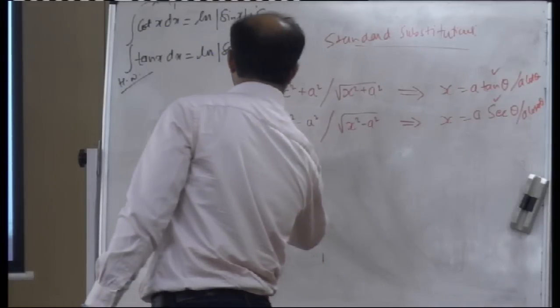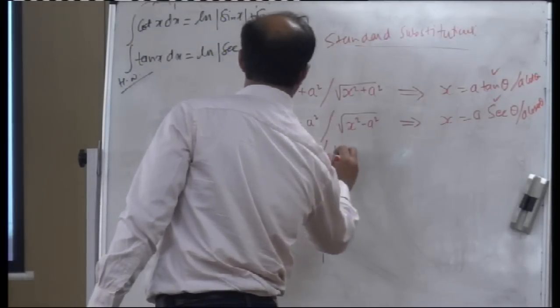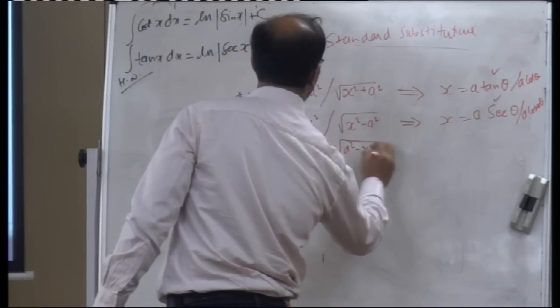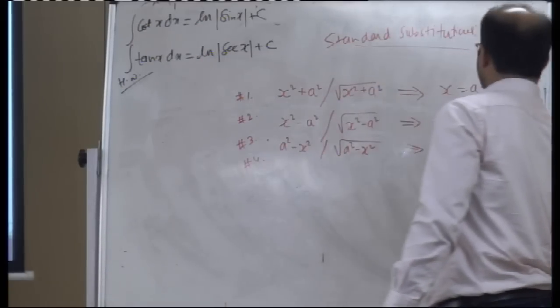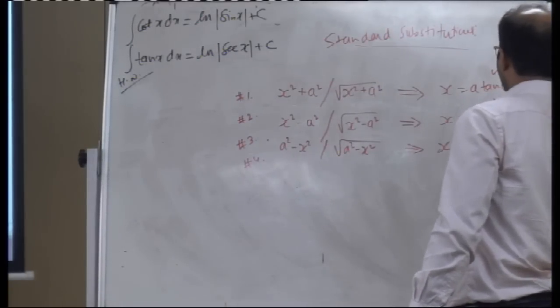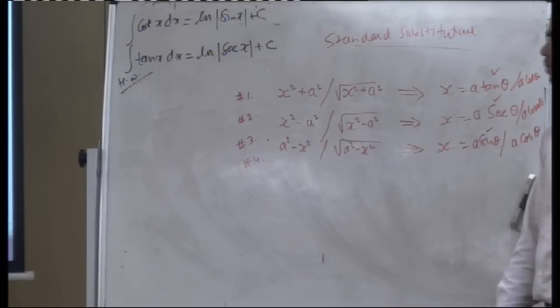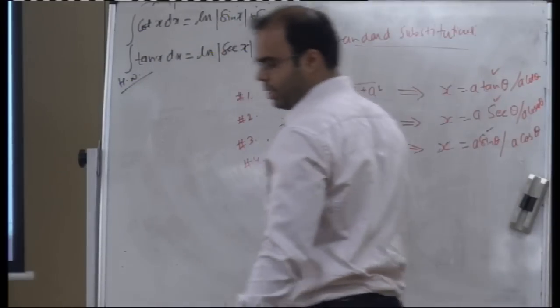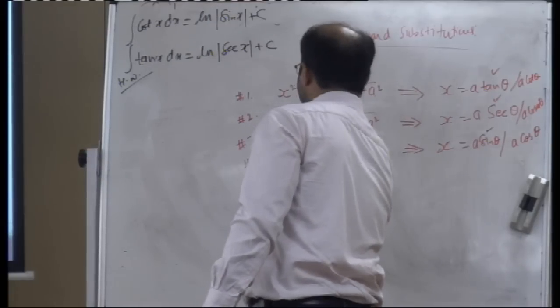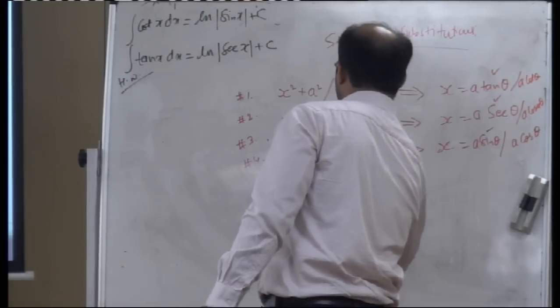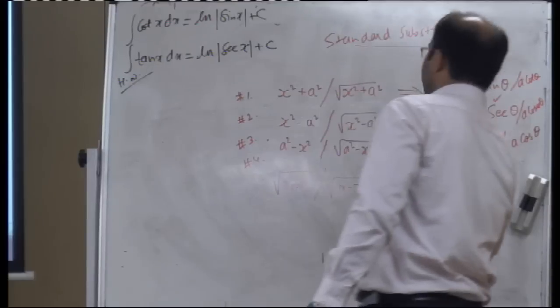We have another, a square minus x square or root over a square minus x square, as x equal to a sin theta, or you can put a cos theta. Again a sin theta generally we take. We have another one, if we have root over a plus x or root over a minus x. Now here there is no square.